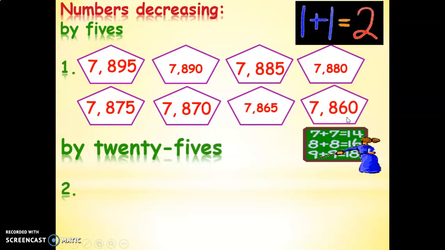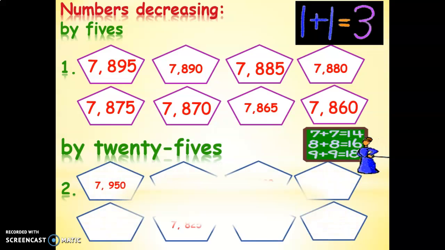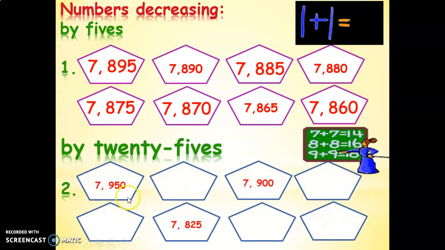Now for numbers decreasing by 25s, let's see the correct answers. If the first number is given, you have 7,950. Minus 25 will be 7,925. Decreased by 25s now becomes 7,900. Decreased by 25s again is 7,875.